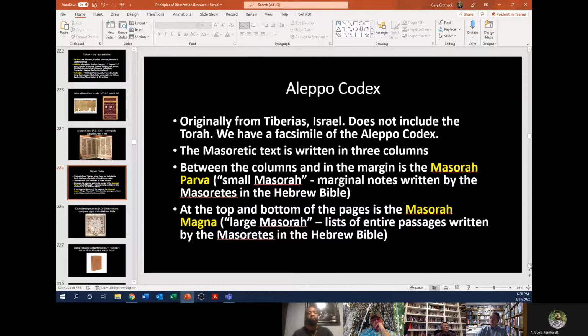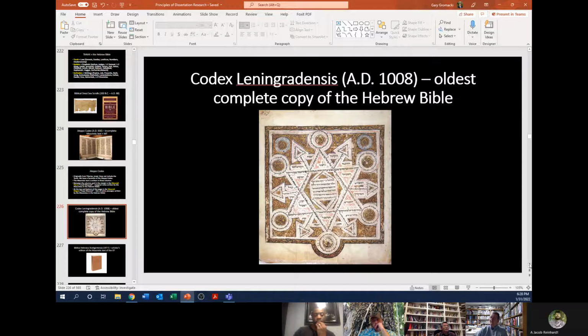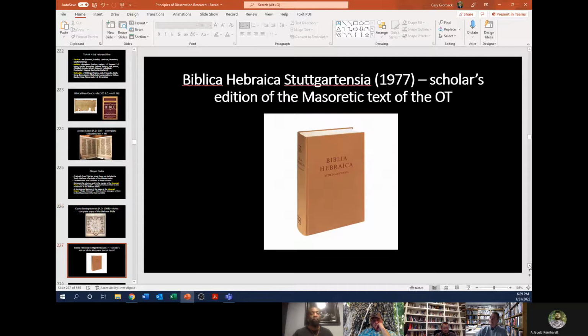So about 78, 80 years later, we have the oldest complete copy of the Hebrew Bible, specifically the Masoretic text, Codex Leningradensis, which is the basis of our modern Hebrew Bible. So hopefully you have some copy of this, Biblia Hebraica Stuttgartensia, the scholars' edition of the Masoretic text.